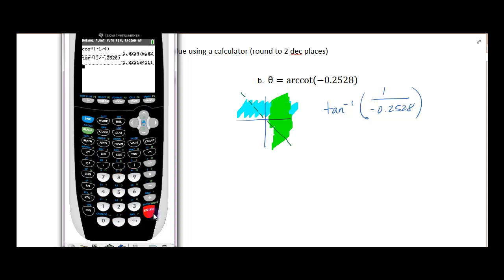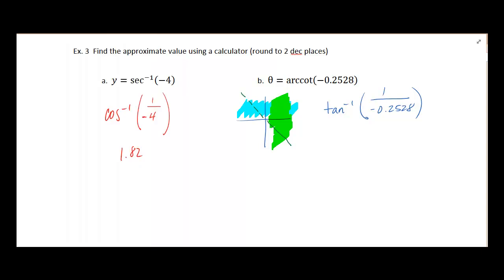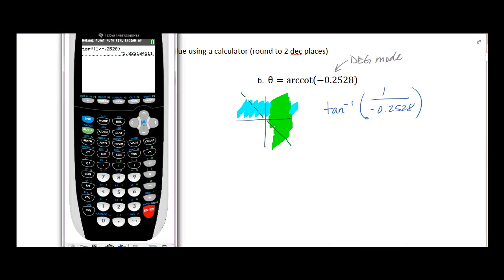When I hit enter, to 2 decimal places, I get -1.32. Oh, but hold on one second. I don't have this on the notes, but we're going to do this one more time. I don't want to be in radian mode, which is what I am here. I am going to use degree mode. In other words, this is a degree value. So we're going to go back in and do that one more time.